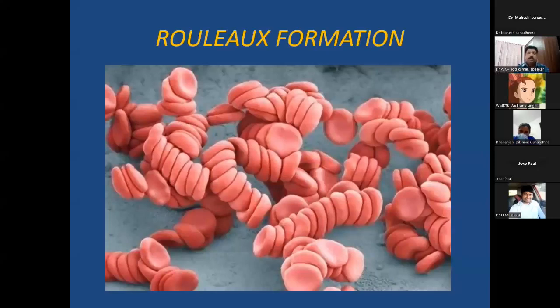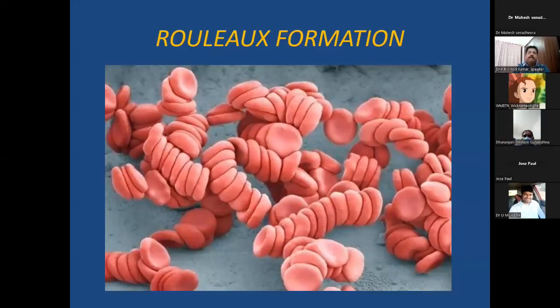As I said about Rouleaux formation, when the blood comes out of the blood vessel, it immediately piles up. This is known as Rouleaux formation. This Rouleaux formation is very quick in equines, in horses, and as quickly as the Rouleaux forms, all the blood cells will settle down. So Rouleaux formation is directly proportional to the ESR.